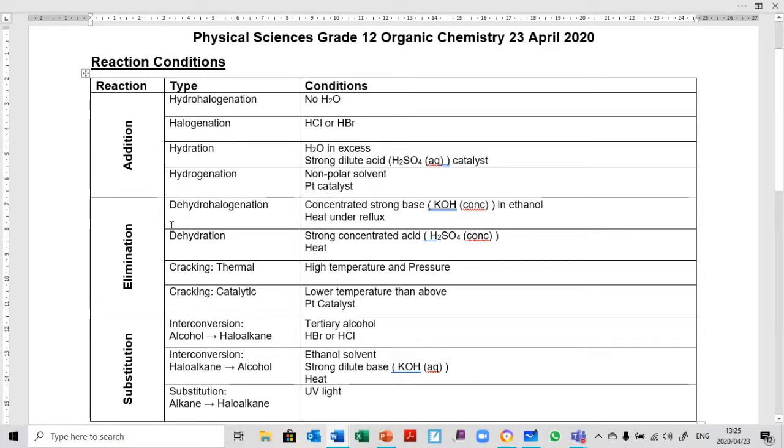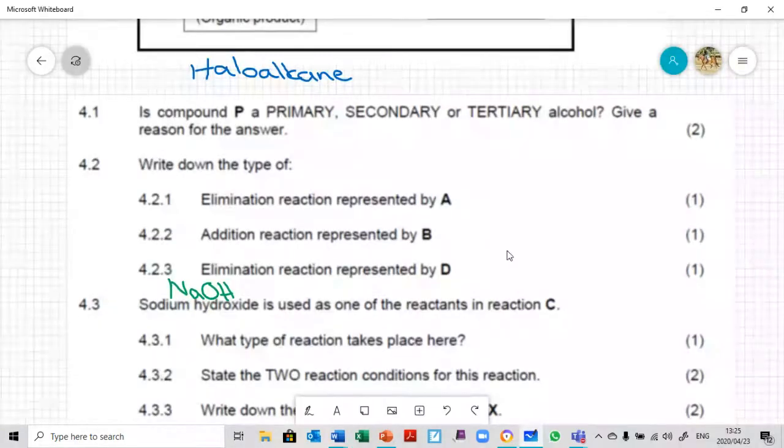Okay, now we have to go back and we have to see what we start off with and what we finish with. So I'm looking for reaction number D. D here. Okay, got it?